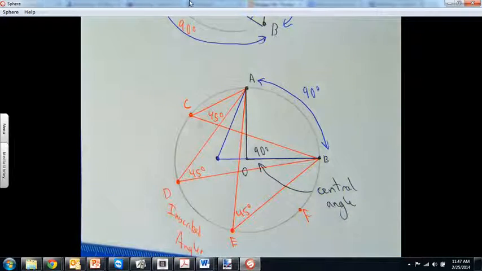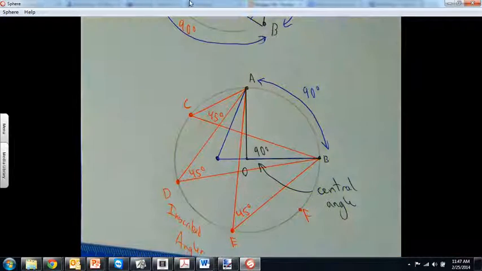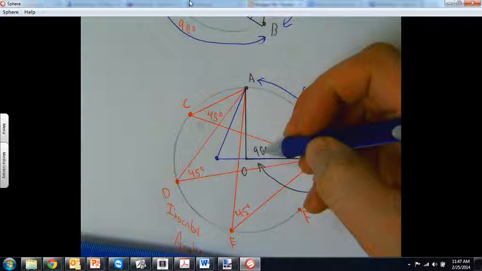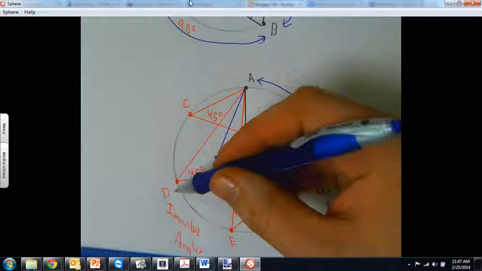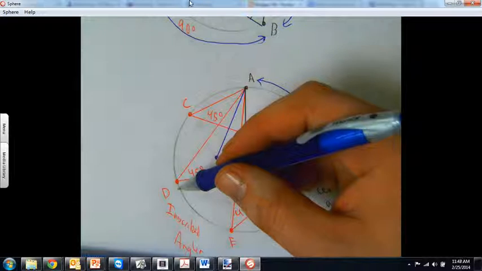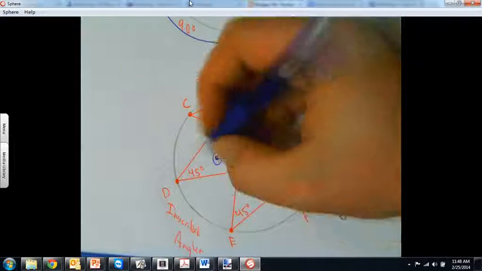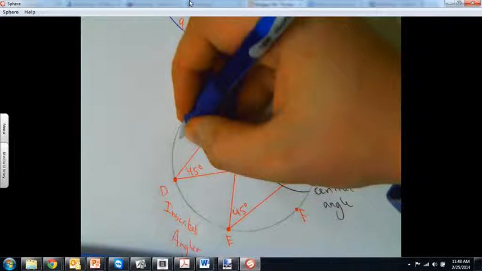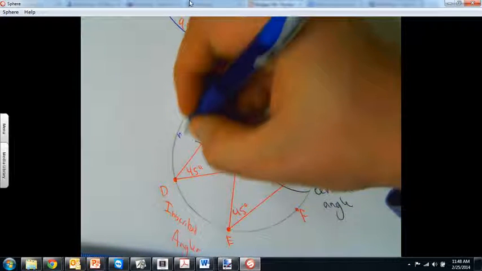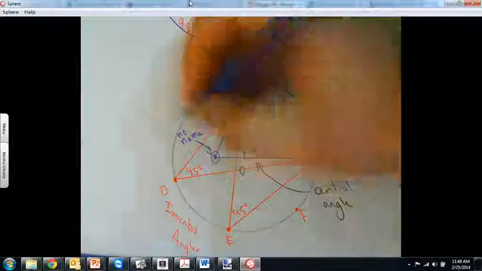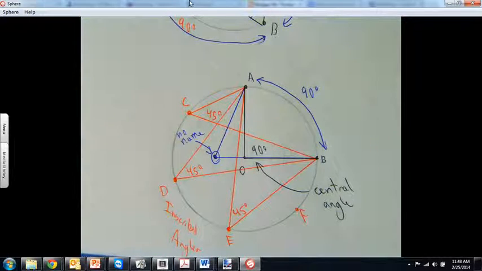It has no special name. If you notice, it's not 90 degrees, it's not 45 degrees, it's somewhere in between. Has no special name. If you see a point out here right now, you don't need to do anything right now. So, no name, as of right now, for our purposes.